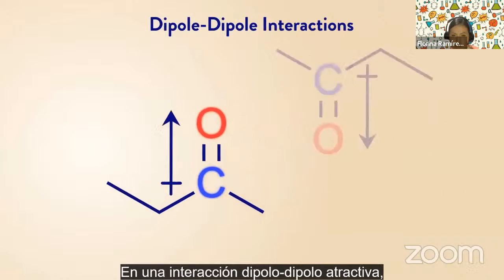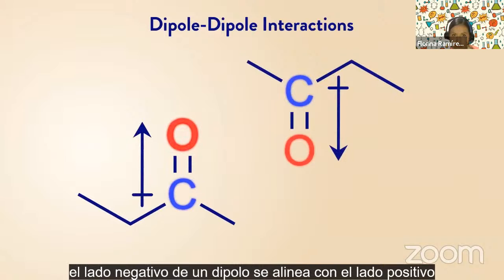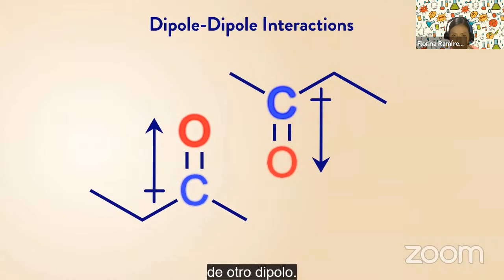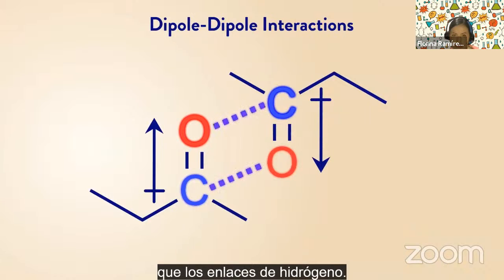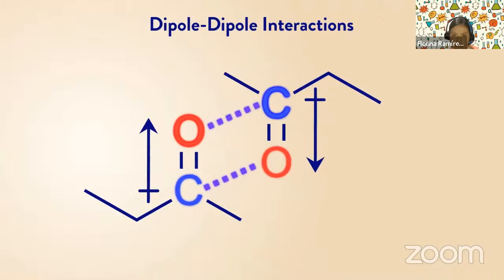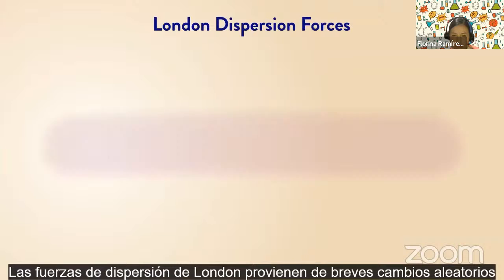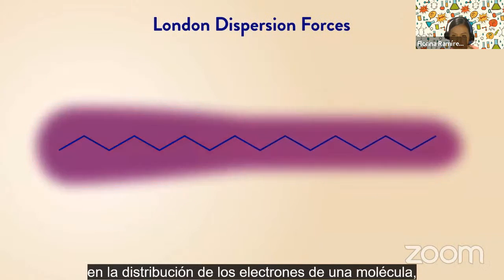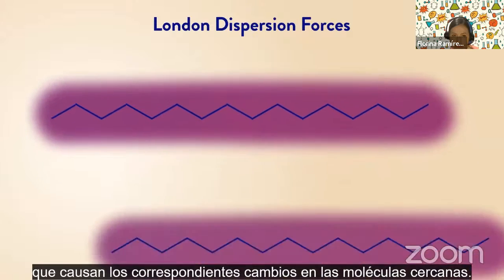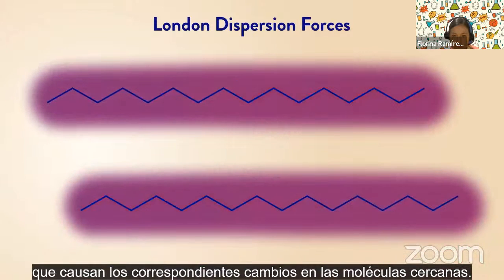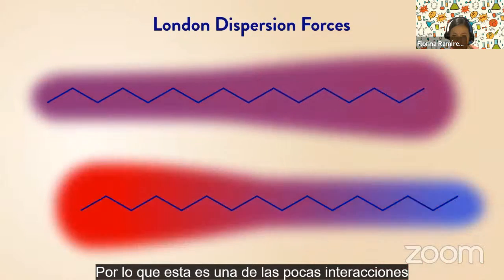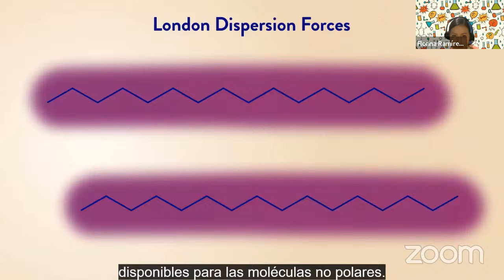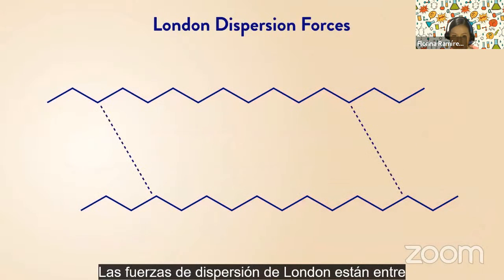In an attractive dipole-dipole interaction, the negative side of one dipole aligns with the positive side of another dipole. Dipole-dipole interactions are generally weaker than hydrogen bonds. London dispersion forces come from brief random shifts in a molecule's electron distribution, which cause corresponding shifts in nearby molecules. These random shifts happen in every molecule, so this is one of the few interactions available to nonpolar molecules. London dispersion forces are among the weakest intermolecular forces.